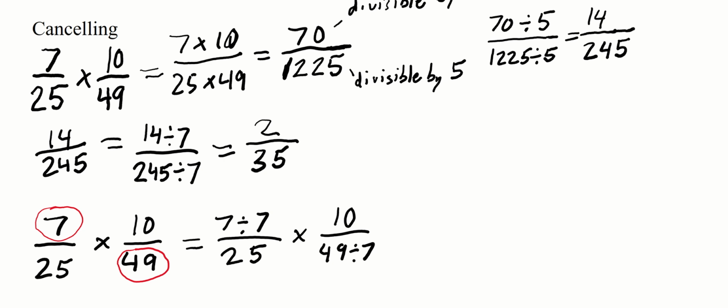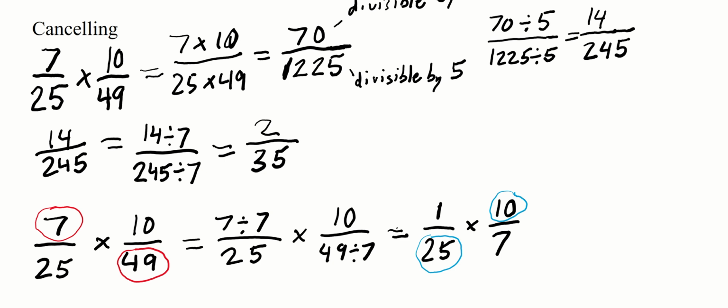Okay. If we were to evaluate this, we could see that's 1 over 25 now times 10 over 7. Now we look at the denominator of the first fraction and the numerator of the second fraction.